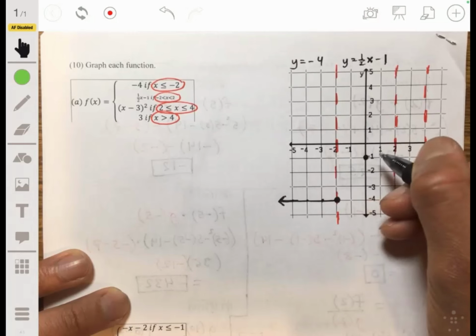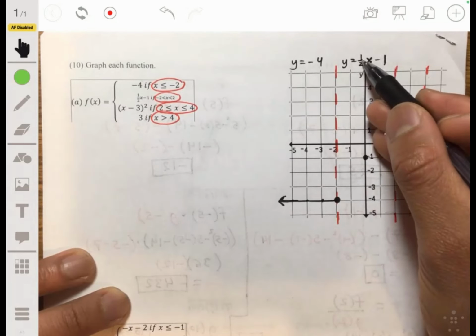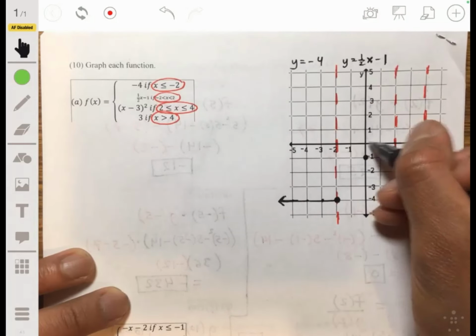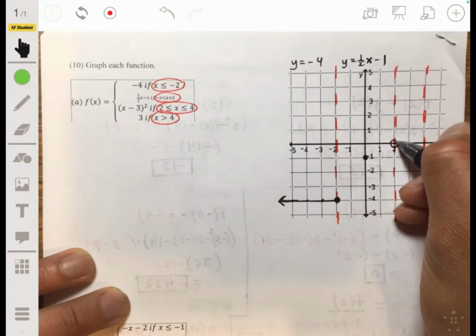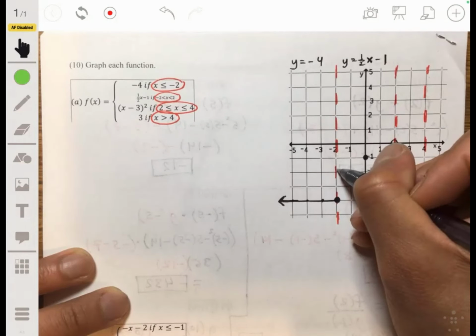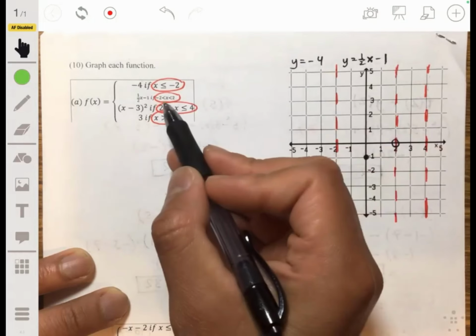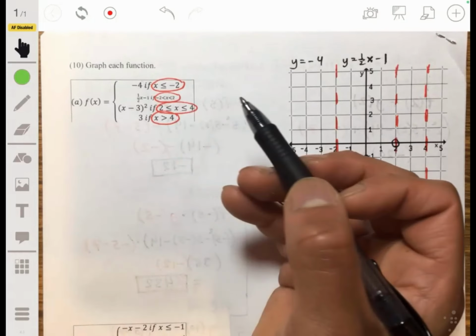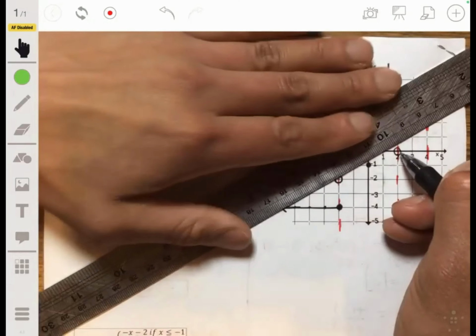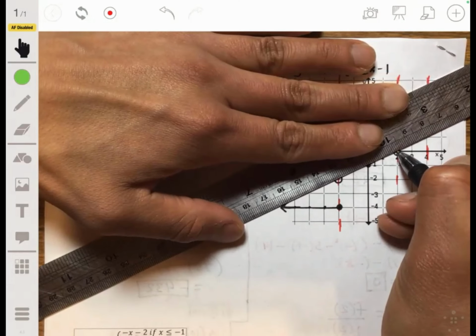That's going to be our y-intercept. And our slope is 1/2. We're going to go up 1 to the right 2, and down 1 to the left 2. Make sure you put open circles at those endpoints because you're not including -2 and 2. So then your graph is going to be like this.